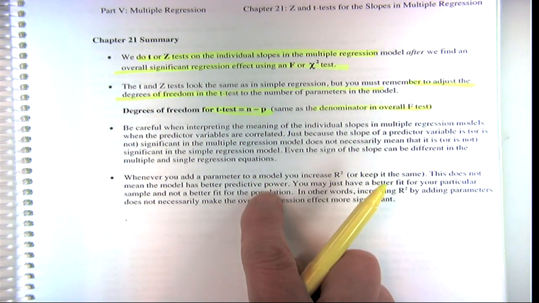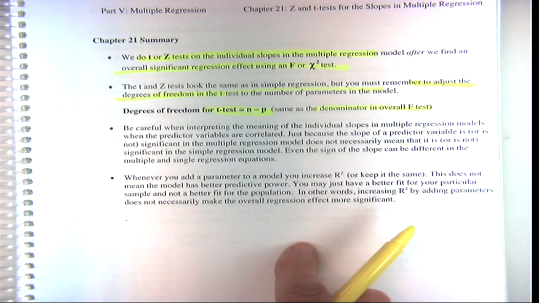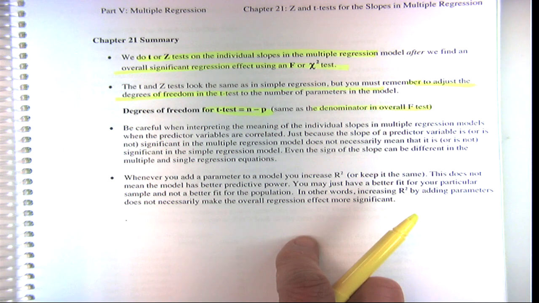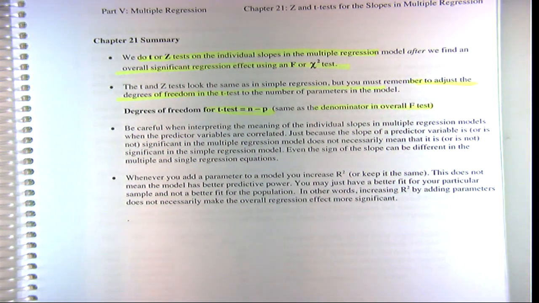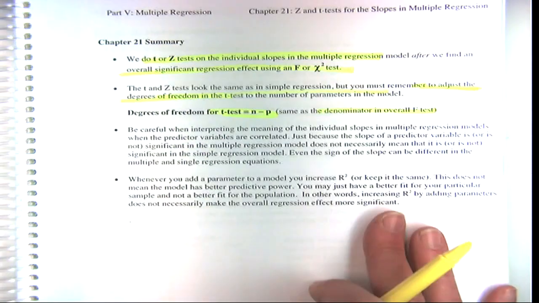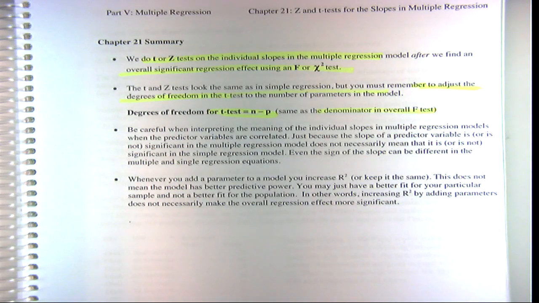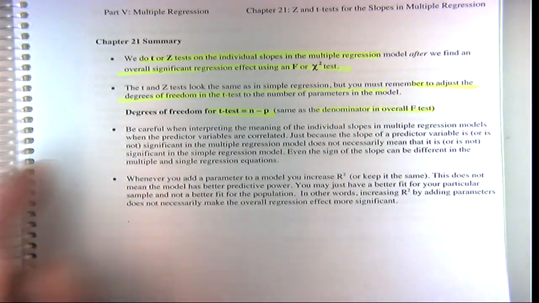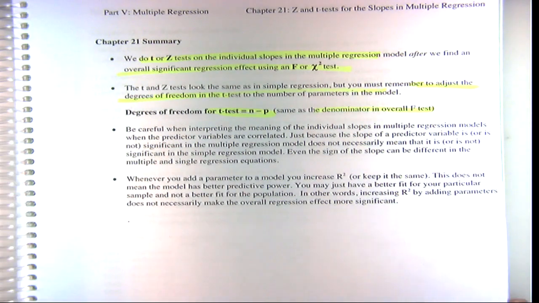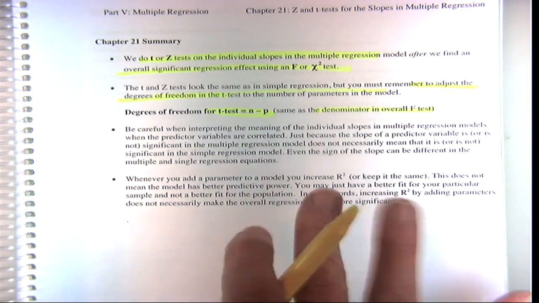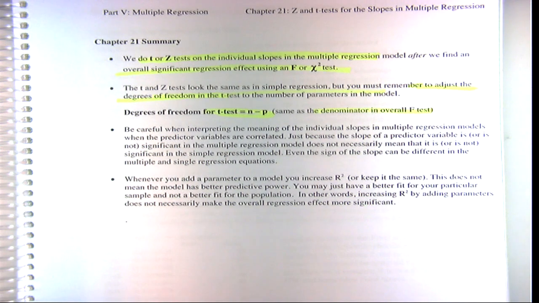But this doesn't mean the model has better predictive value, because it costs you another degree of freedom. Each time you add a parameter, it costs you a degree of freedom. So you have to look at the F statistic or other things besides the R squared when you're adding parameters.